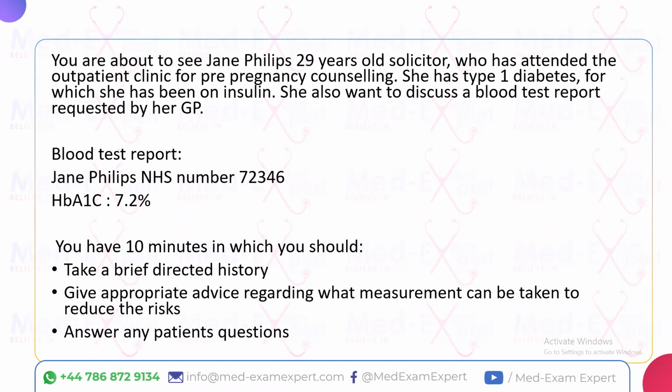But because I have this condition of diabetes, I was particularly concerned about how it is going to affect my pregnancy, and if there are any risks, and what can be done to reduce the risks. Okay, Jane, I will try to address all your concerns. Is it okay if I ask you a few questions before starting? Yeah, sure. Okay, Jane, can you please tell me for how long have you been trying to conceive?